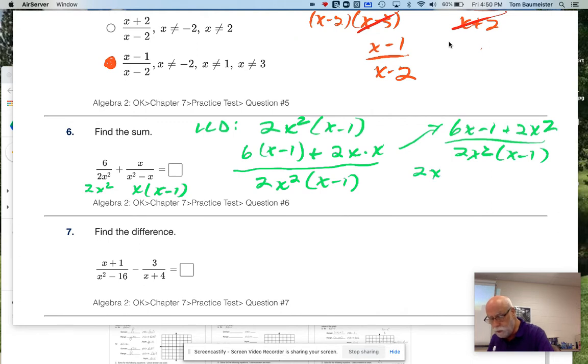So 2x squared plus 6x minus 1, or minus 6, excuse me, because again, I distributed that through.